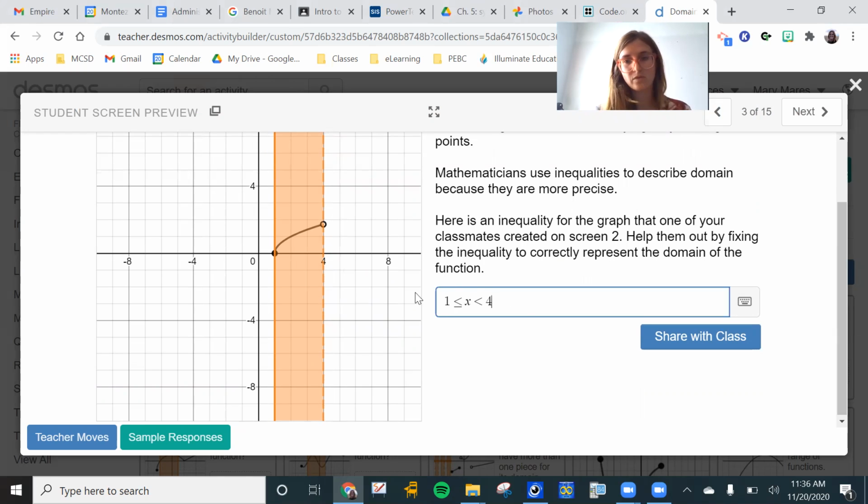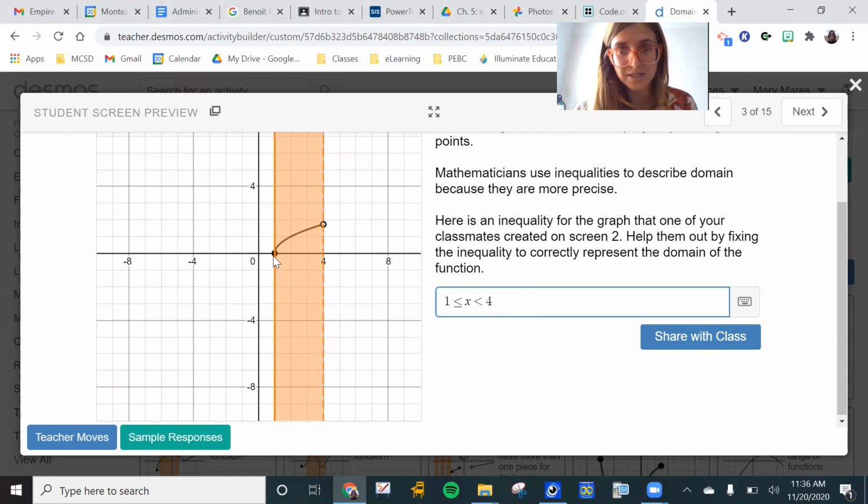I don't know what is going to show up on your end, but this is the correct inequality. On the left-hand part, I have that filled in dot. That means I'm going to include 1. That 1 is a possibility for the value of x. And that graph is going to go all the way to 4, but you'll see at the 4 there's an open circle.